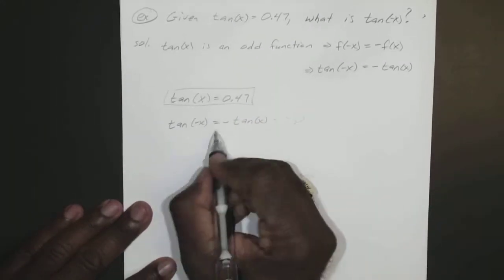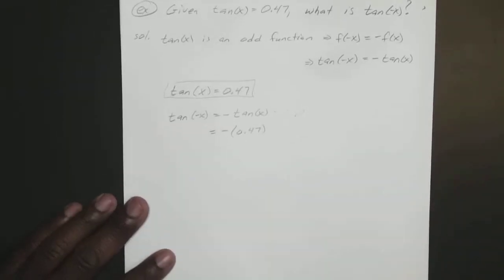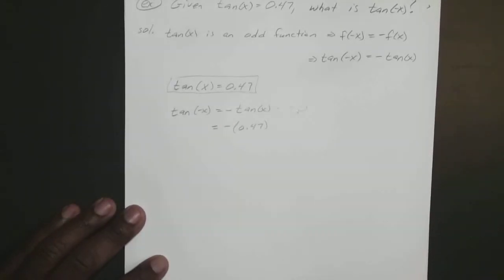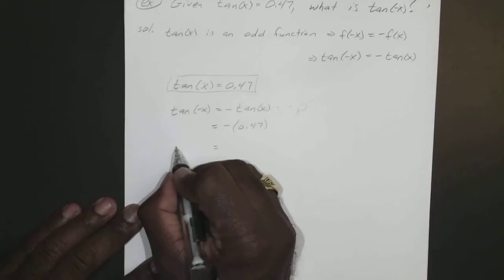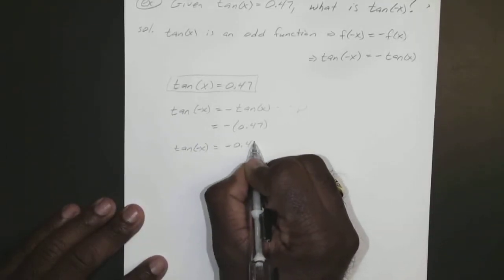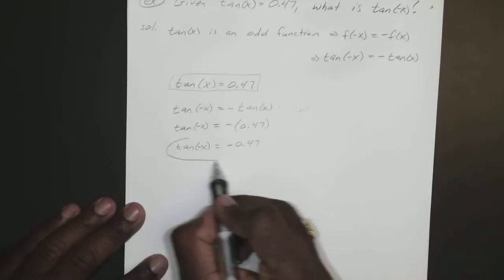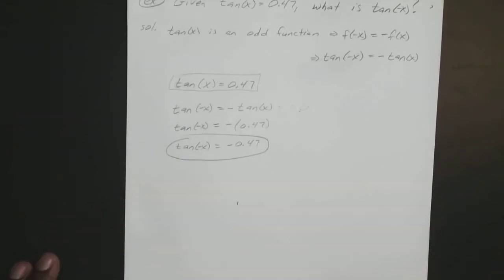So we know tangent of negative x is negative 0.47. All right, so any questions on that one?